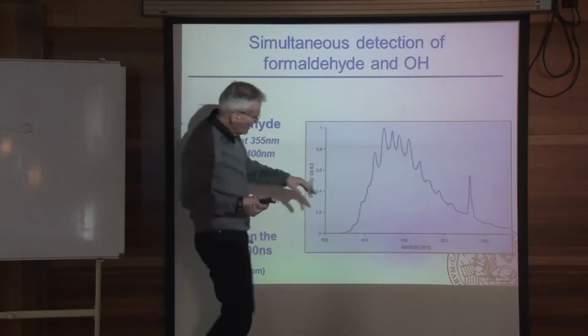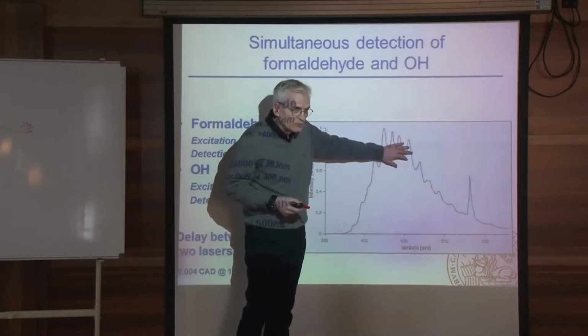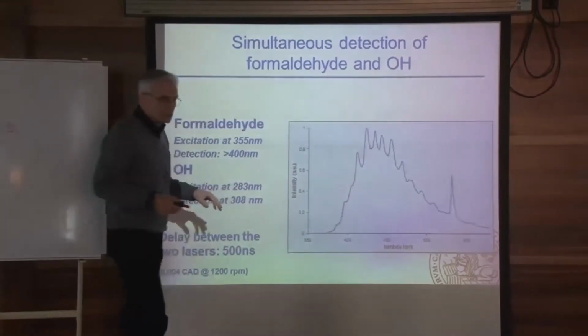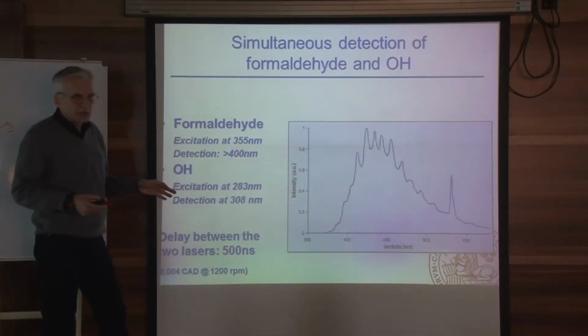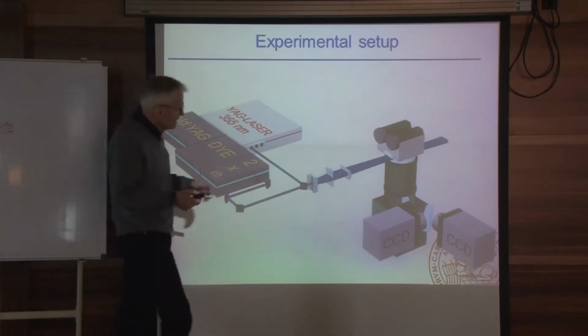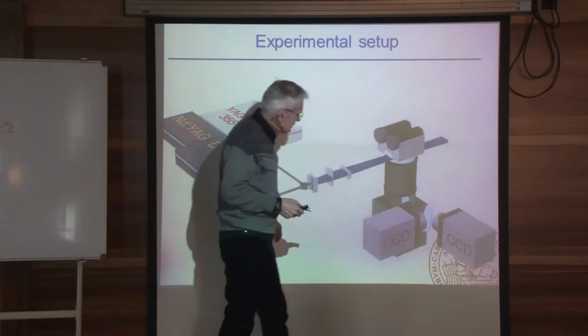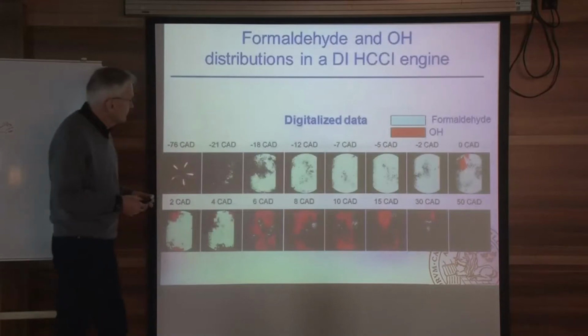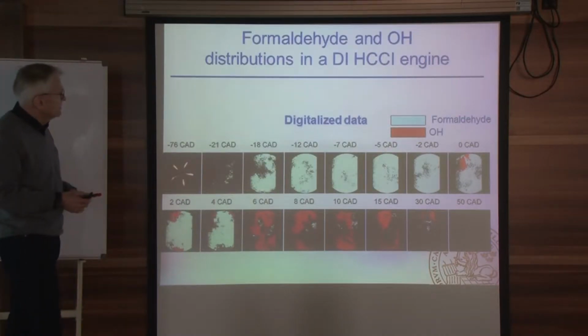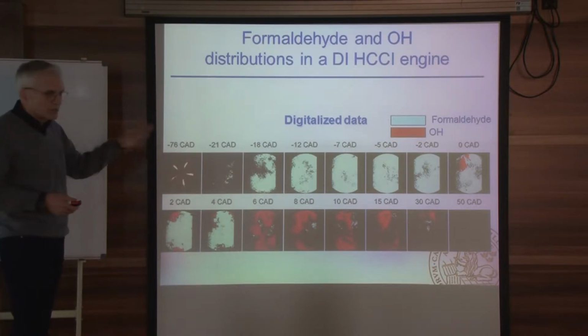Here we have a filter in the blue-green region, whereas the OH is in the ultraviolet region. So they don't overlap, and we don't have any problem with interference between them. And then we can get images like this. These are images not recorded during one cycle.